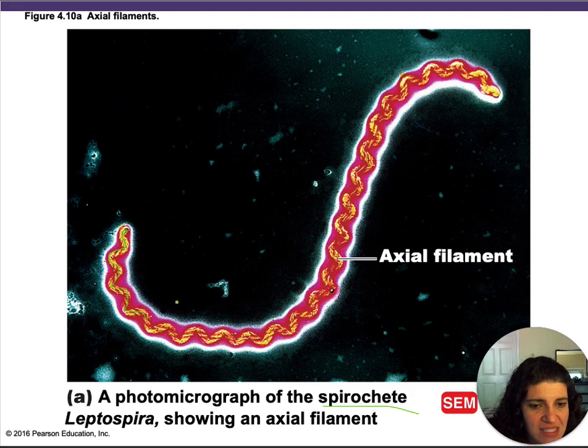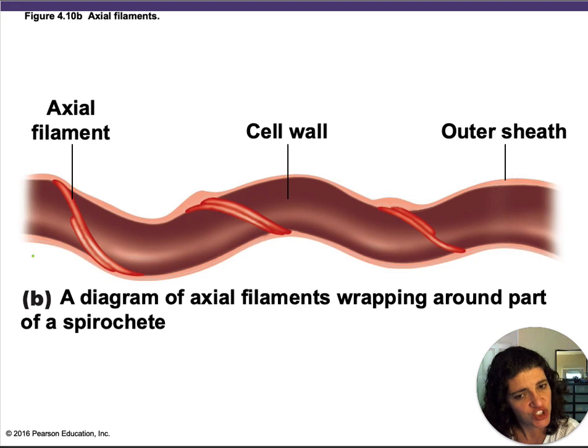And this type of structure helps bacteria, for example, the ones from the genus Leptospira, to move like a corkscrew. Okay, so that's the function of axial filaments. It's a flagellum that wraps around the body of a spirochete bacterium and makes them move like a corkscrew.